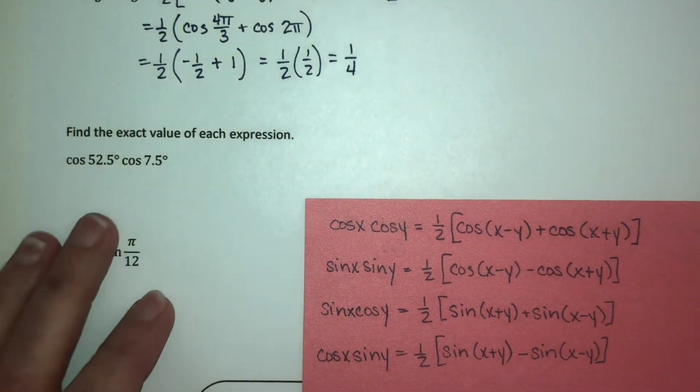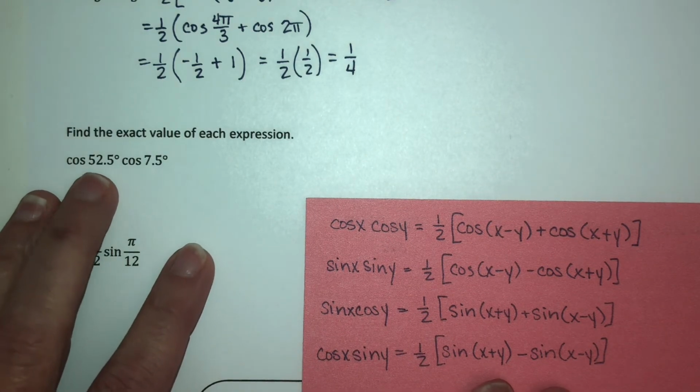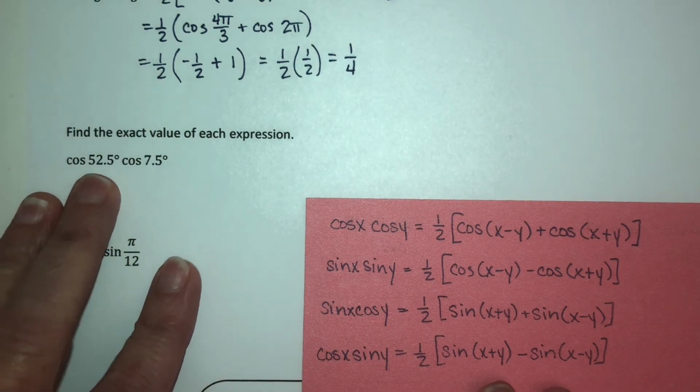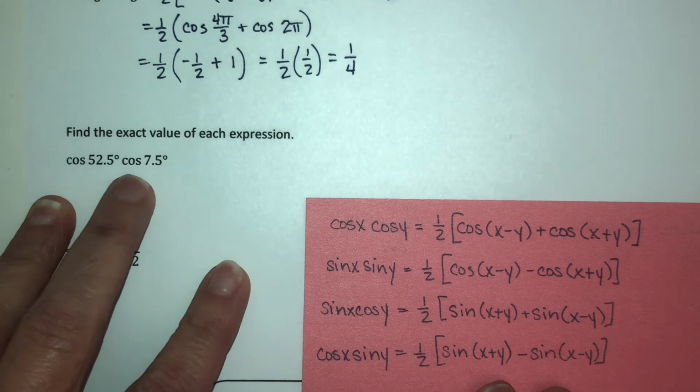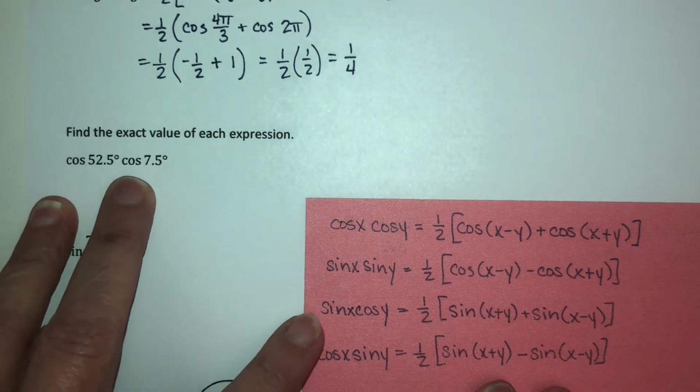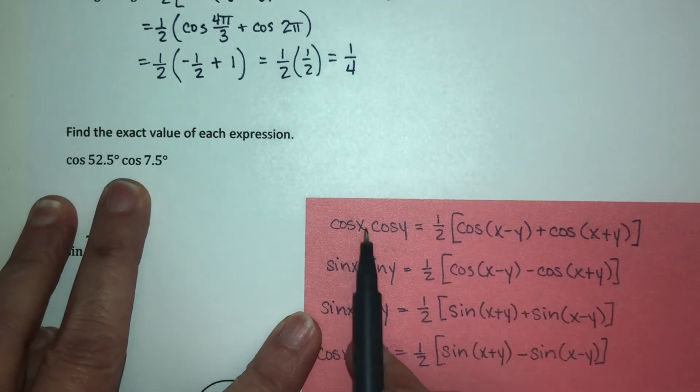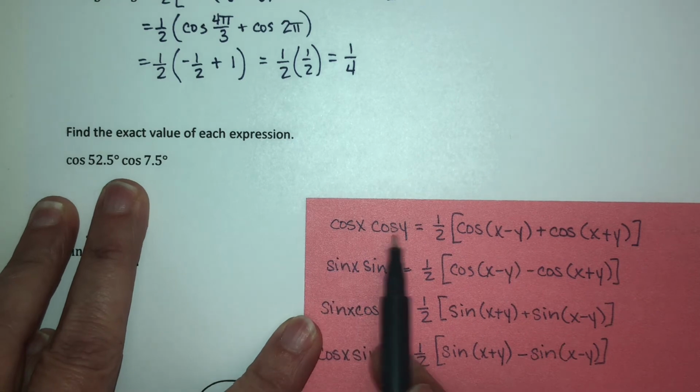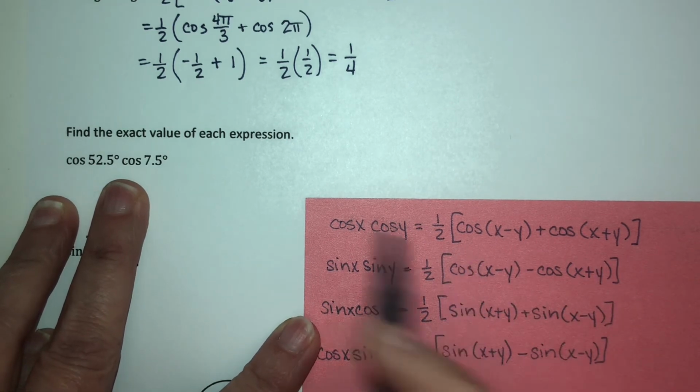Okay, so let's find the exact value of cosine of 52.5 degrees times cosine of 7.5 degrees. So I have a cosine times cosine, so I'm going to be using this formula.